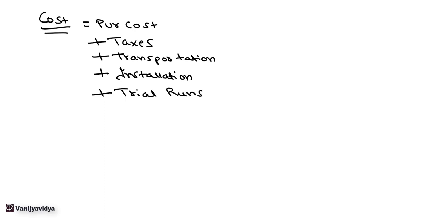So whatever is the cost incurred for the asset till the asset is ready for use, this will be included in the cost of the asset. Whatever is the cost incurred is known as the total cost of the asset.